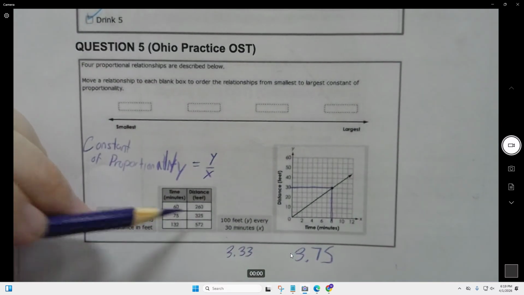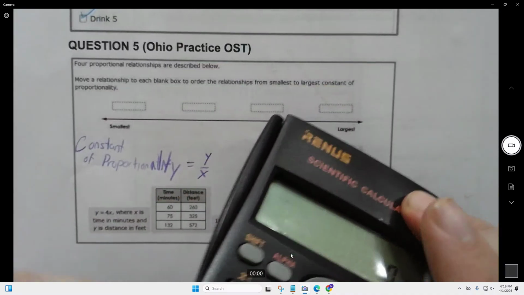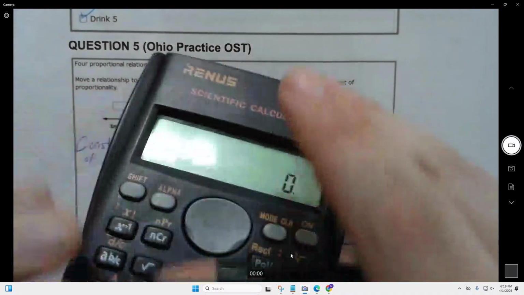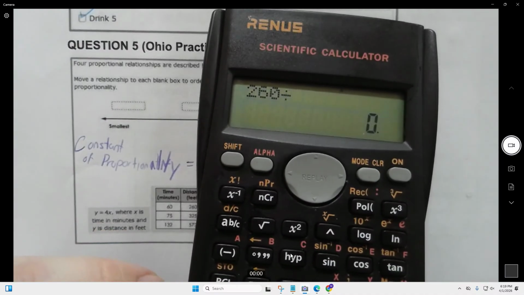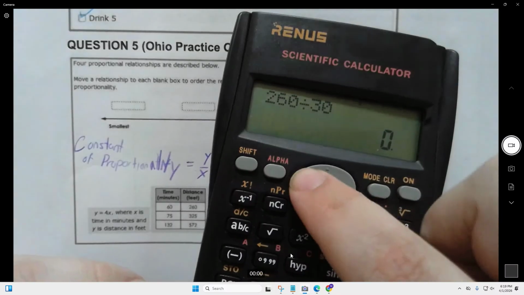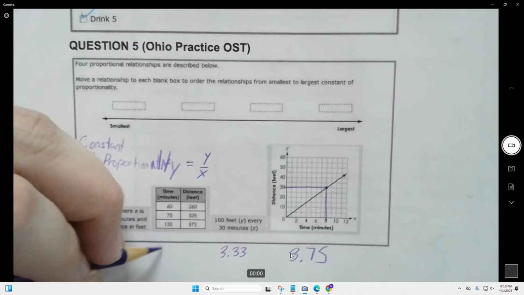Here you have y's of 260 divided by 60. Whoops. Which gives you 4.333.